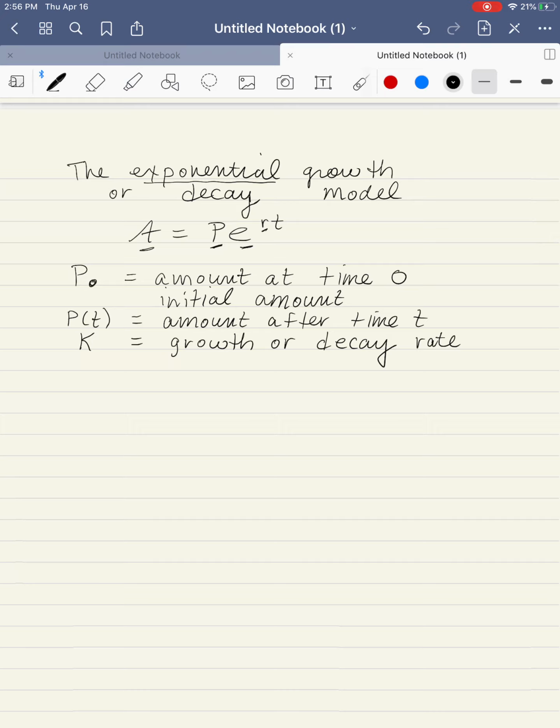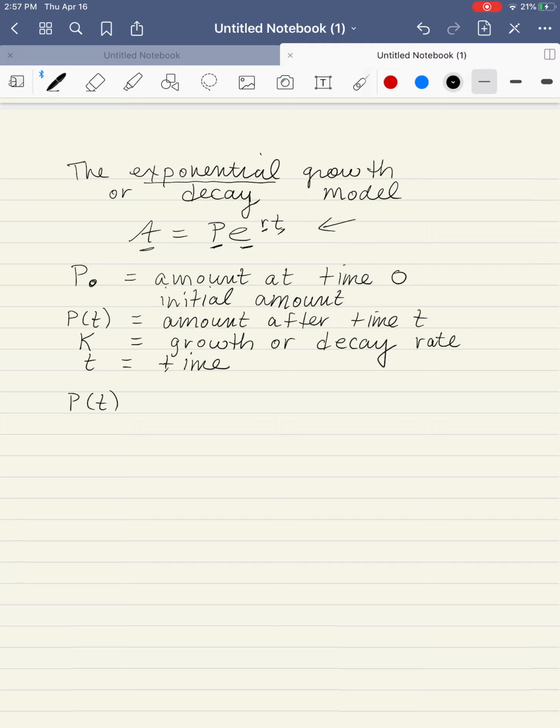And we'll talk again in a minute more about how I know if I have growth or decay rate. And that's going to be written as a decimal. And then the t is still time. And usually time is going to be years, but time could be a much smaller increment. For instance, if you were talking about a population of fruit flies, you could be talking about time after a certain number of hours or a certain number of days.